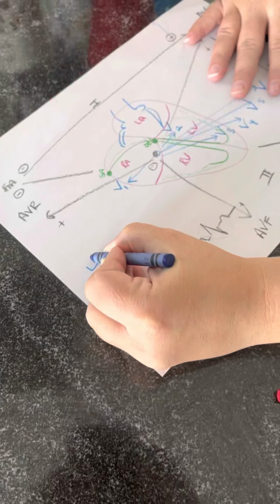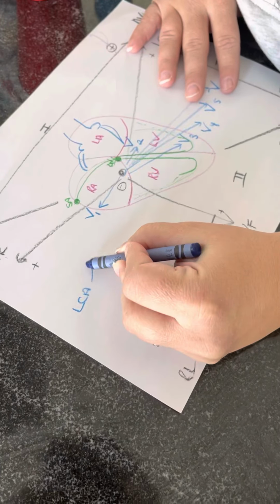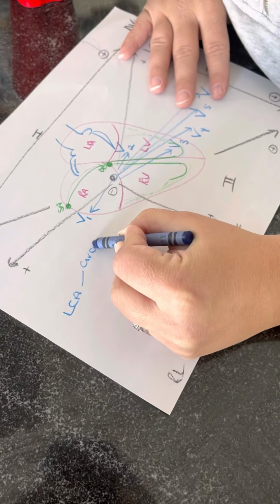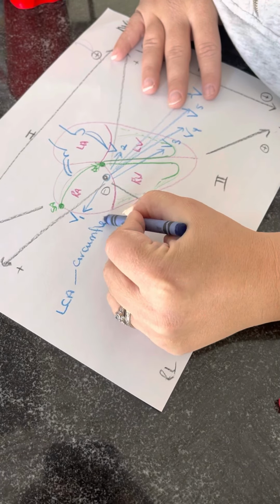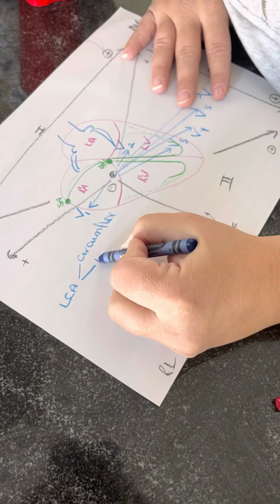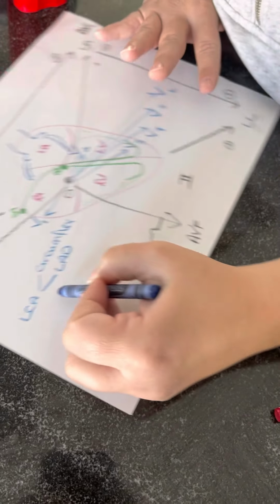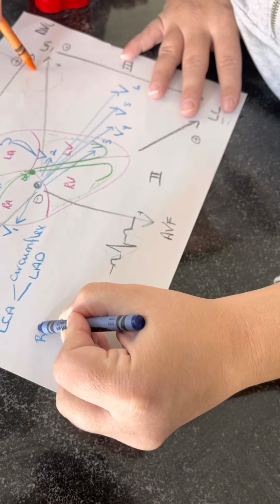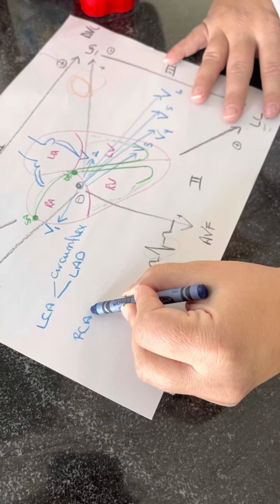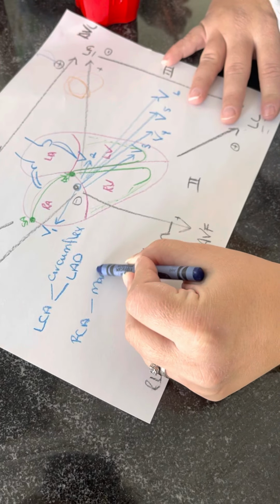The left coronary artery becomes a circumflex and the left anterior descending artery. The right coronary artery has a marginal branch.